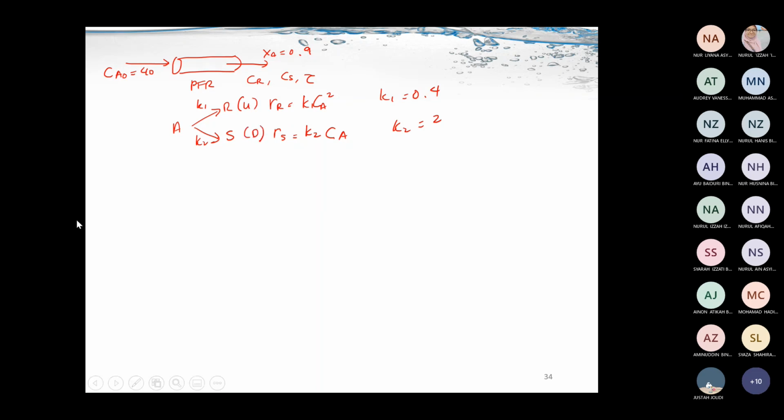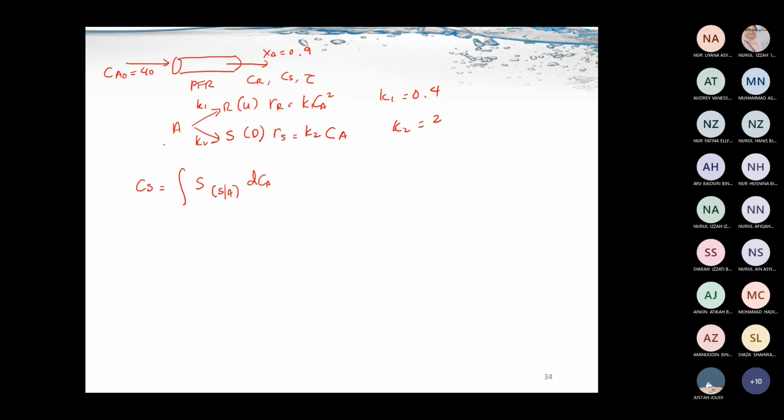So daripada situ what you need to do is you need to know what is the selectivity. Sebab sekarang ni kita kena buat differentiation. For example, kita nak dapatkan CS, the concentration of S. Try to get the selectivity of S, yang desired, over the A reactant, dCA, in order to get the value of CS.